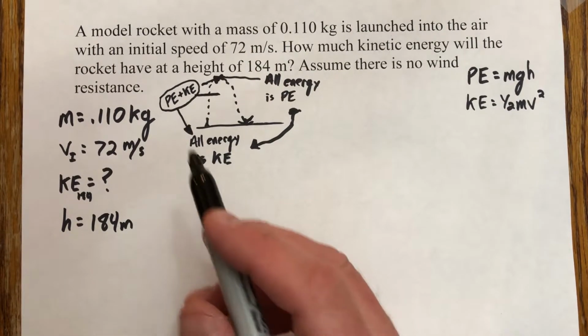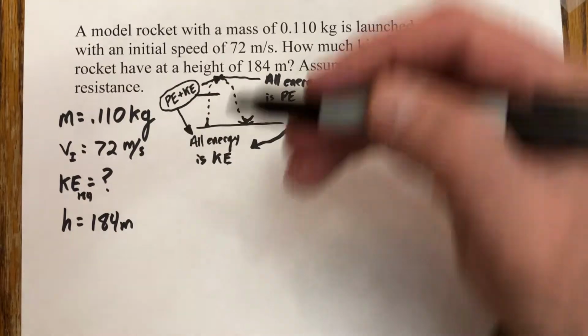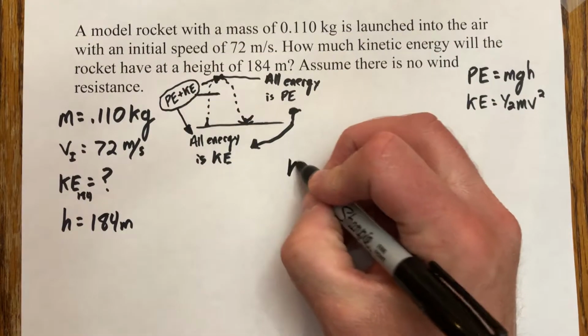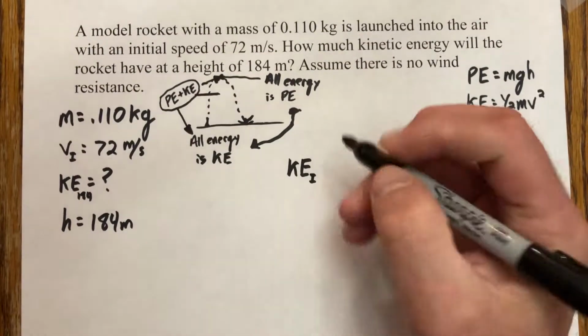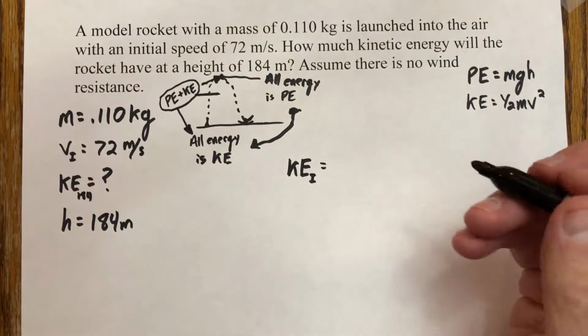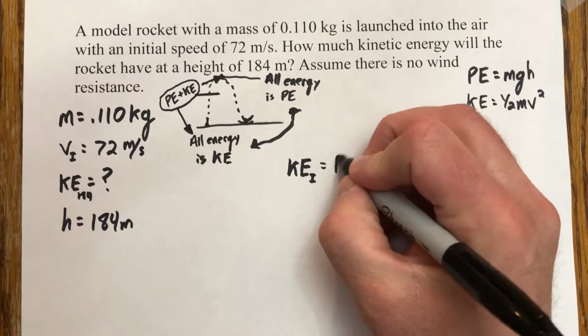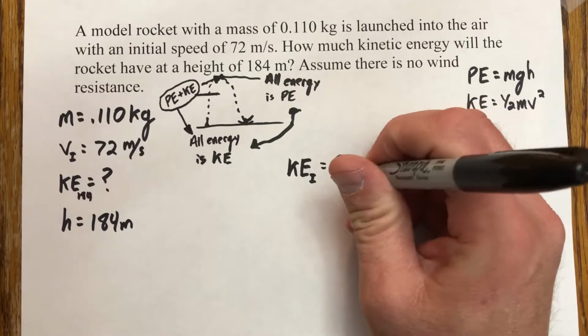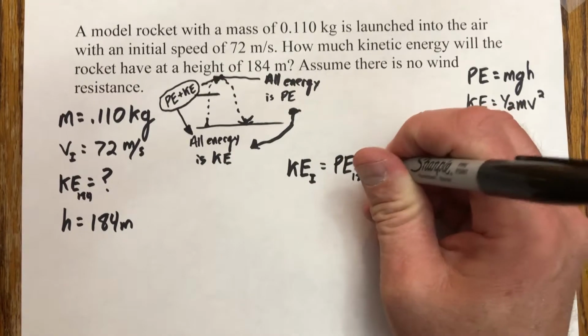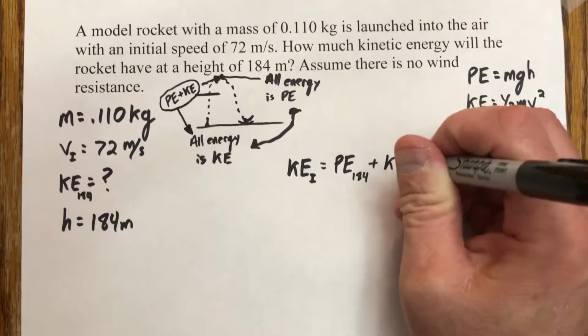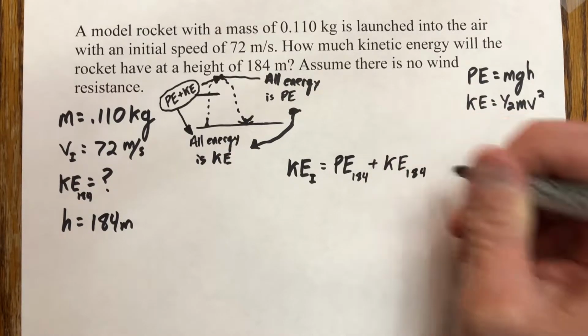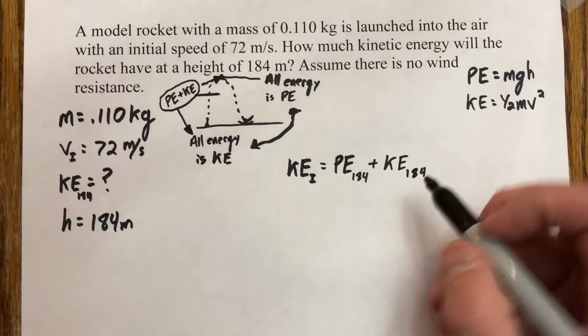So what we have is a rocket being launched up with initial speed. So we know the initial kinetic energy. Okay? That has to equal the potential energy at 184 plus whatever kinetic it has at 184. Okay? And this is what we're trying to find.